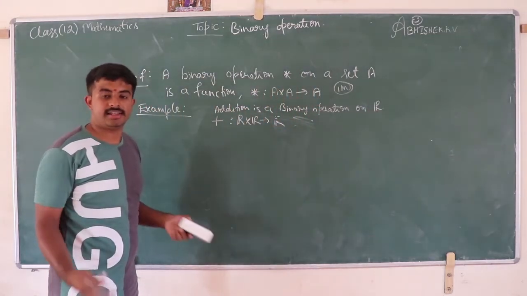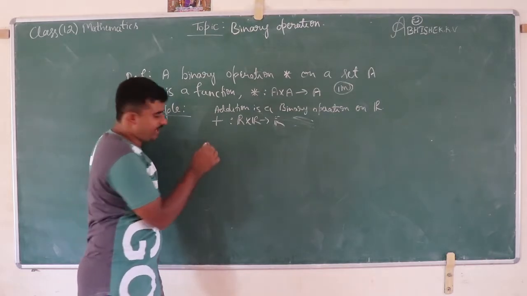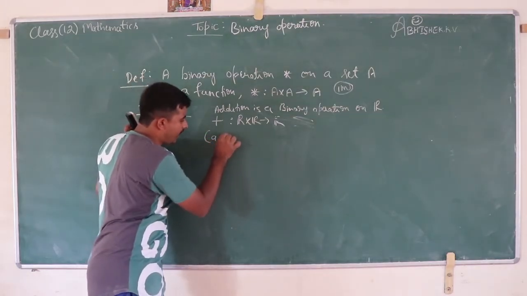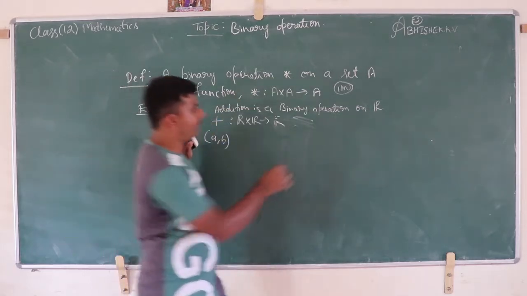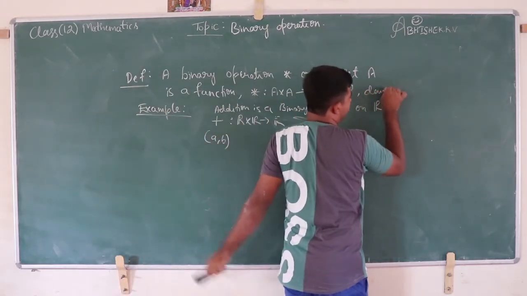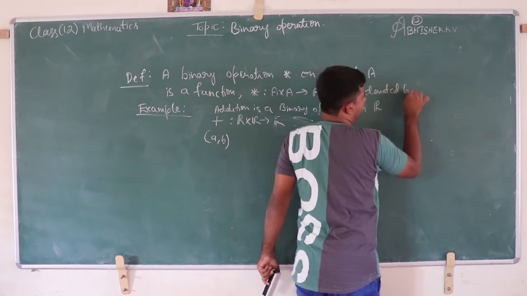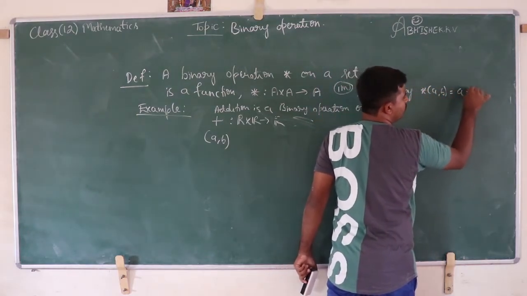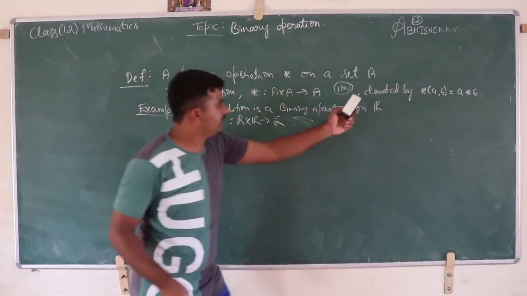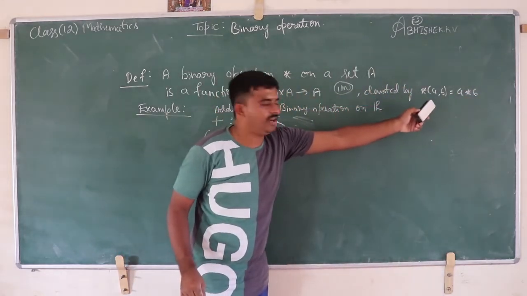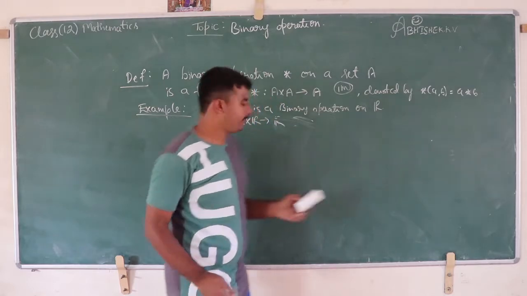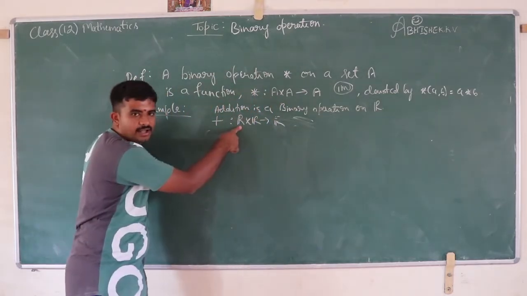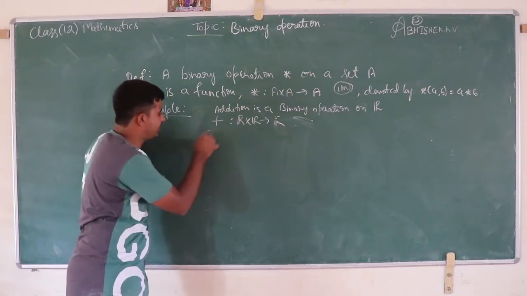Then the question arises, sir, how? See, if I consider the ordered pair A comma B, this is denoted by star of the ordered pair A comma B is equal to A star B. If I consider two numbers, here I took the set of real numbers as the set.